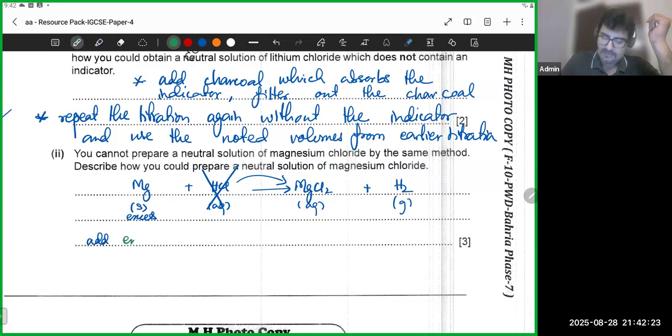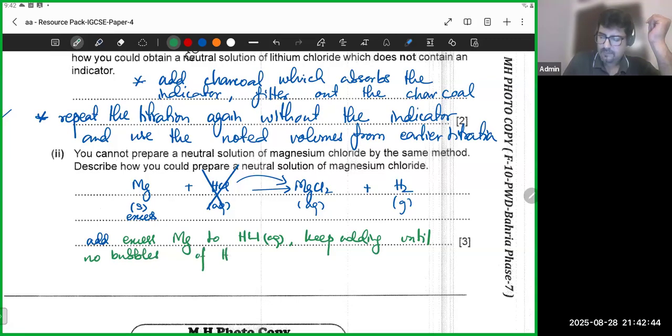So add excess Mg to HCl, aqueous, keep adding until no more bubbles of H2 are seen. Then what? Remove the excess Mg by filtration.